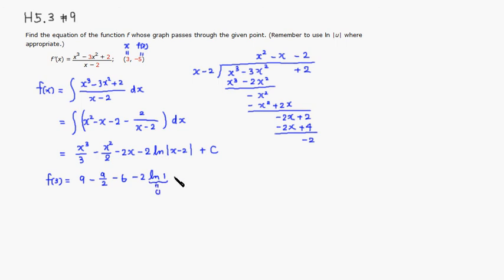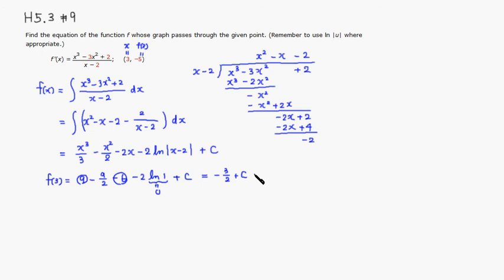Plus some constant c. Then we can simplify this. 9 minus 6 will be 3, which is the same as 6 over 2 minus 9 over 2. So it's negative 3 over 2. So that's 0 plus c.